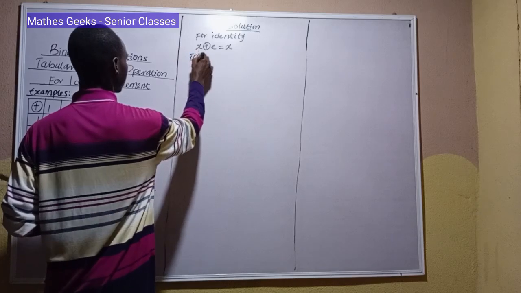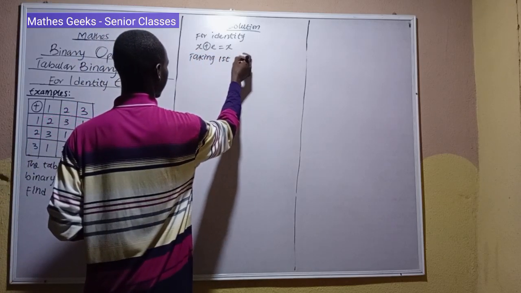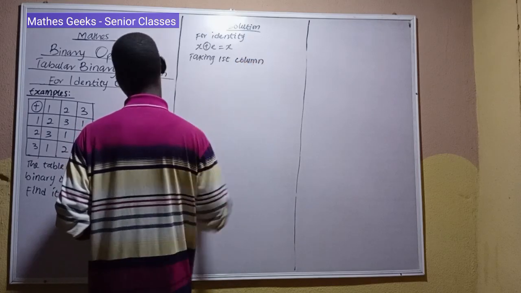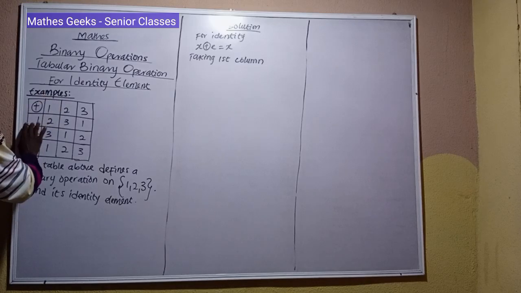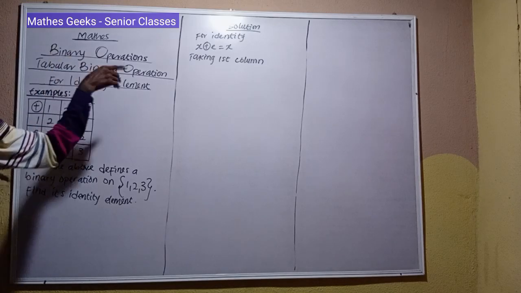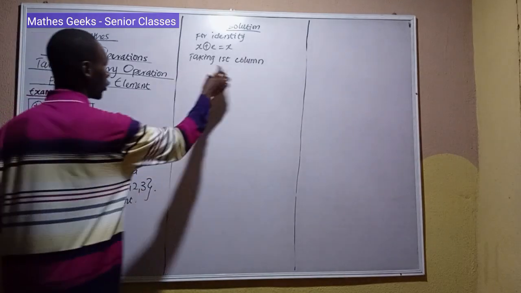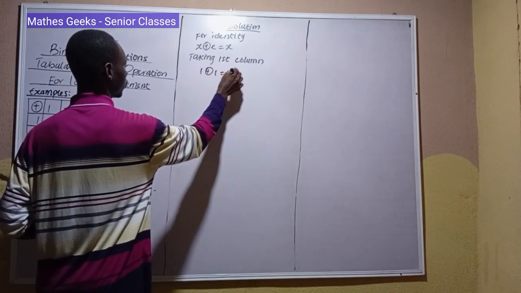It's taking the first row, taking the first column. 1 operation 1 is 2.